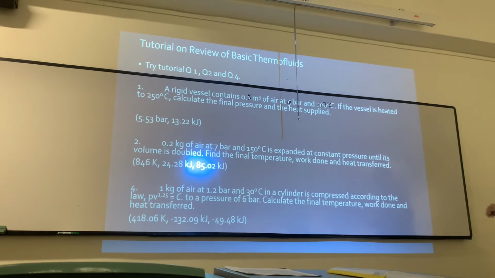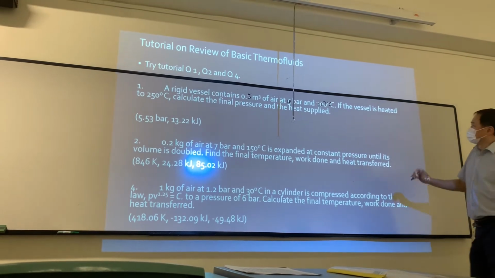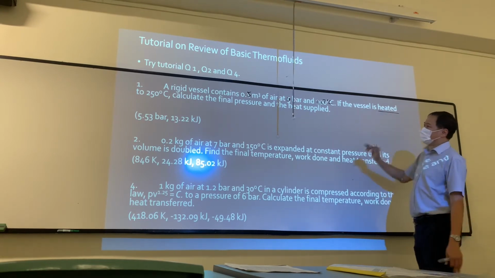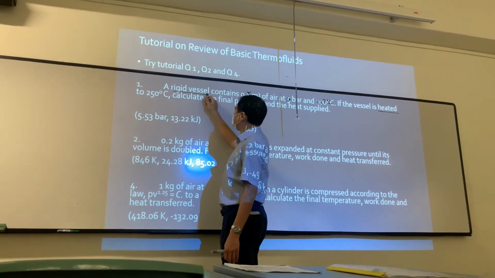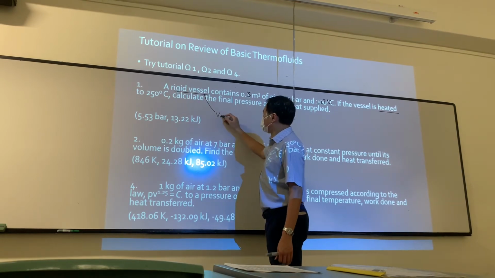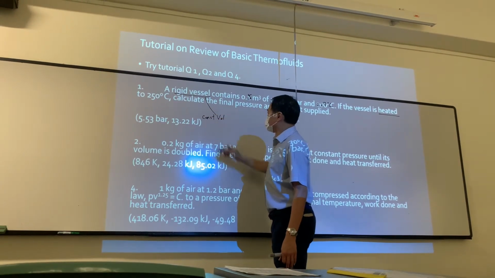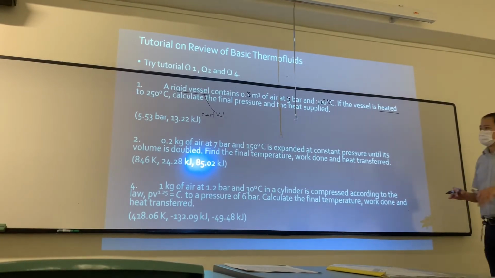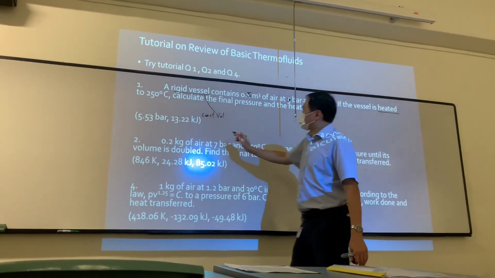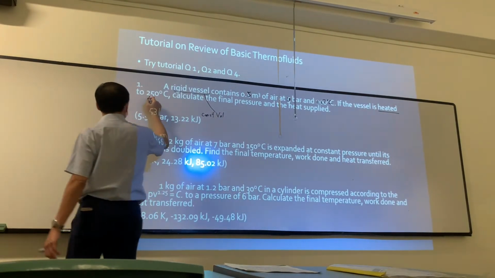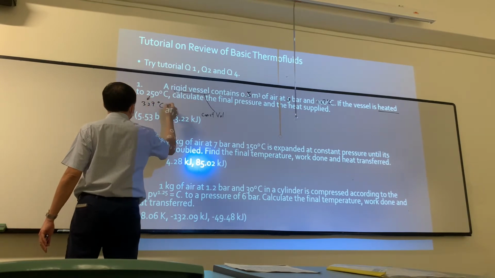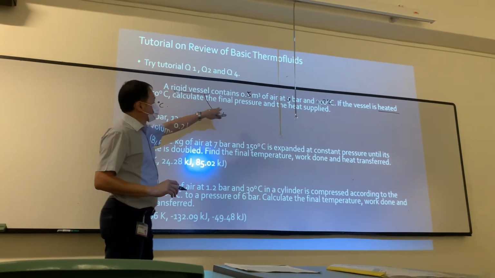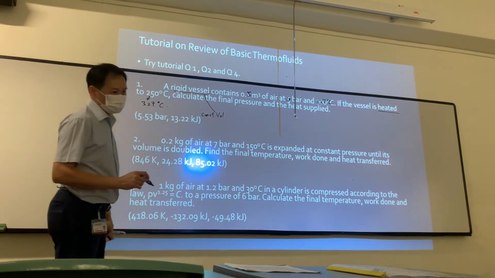Then what happens if the vessel is heated? This is a rigid vessel, remember. Rigid vessel means volume is constant. It cannot change because the vessel is rigid. So now it's heated to a temperature of, instead of 250, I change this to 327 degrees C, an increase of 100 degrees.